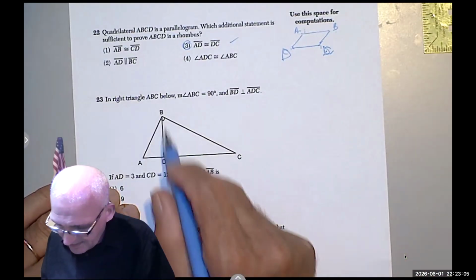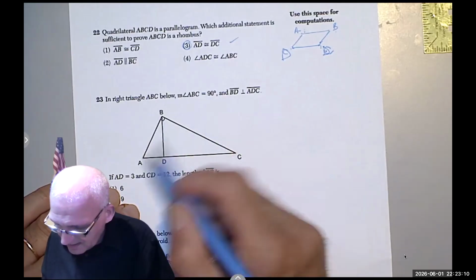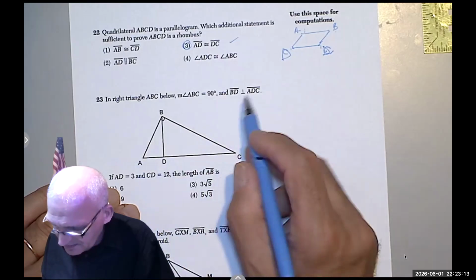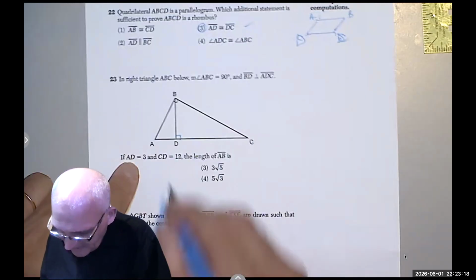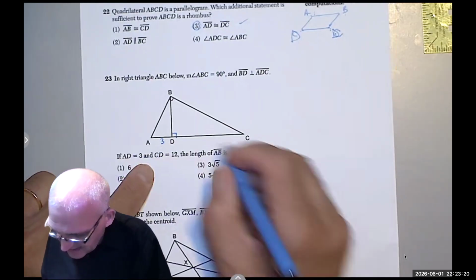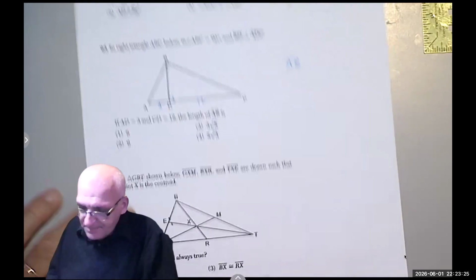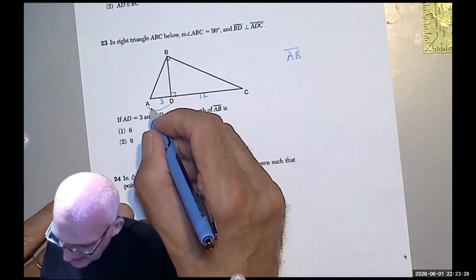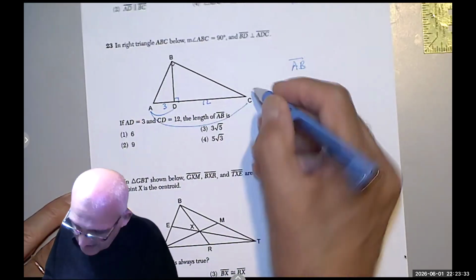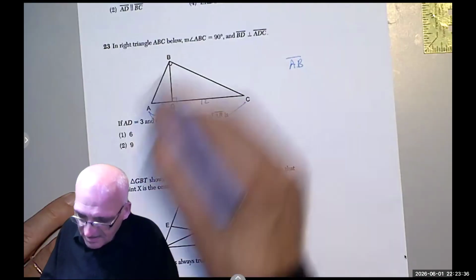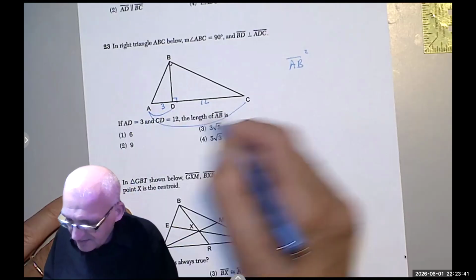In a right triangle ABC, angle ABC is 90 degrees, BD is perpendicular to ADC. If AD is 3 and CD is 12, the length of AB is. The length of AB squared is AD times AC. And the length of BC squared is CD times CA. And the length of BD, squared of course, is AD times DC.